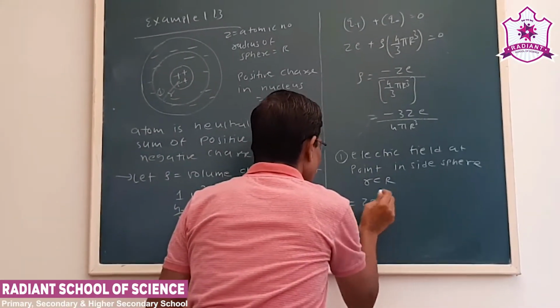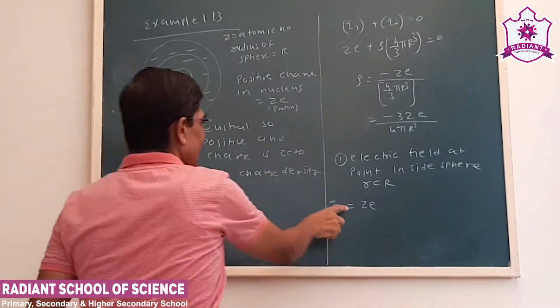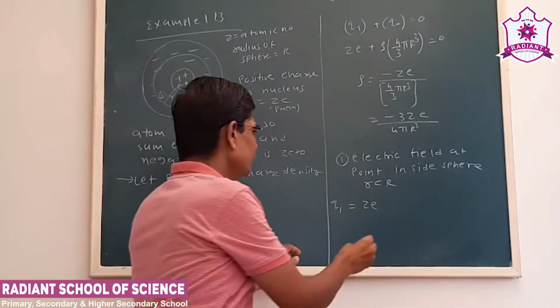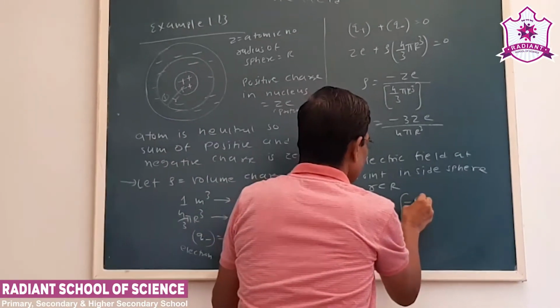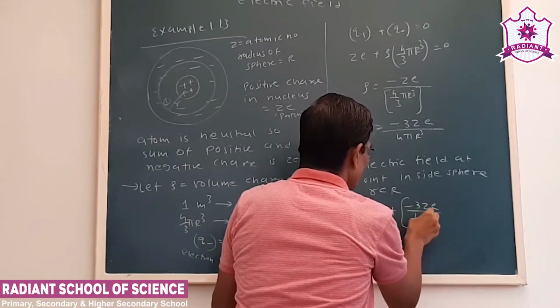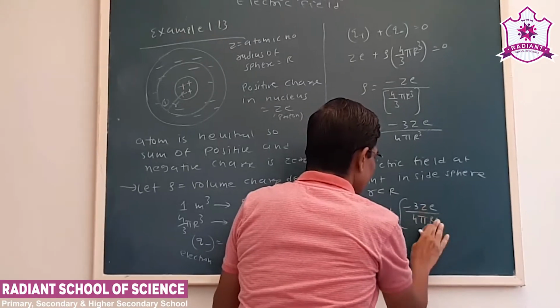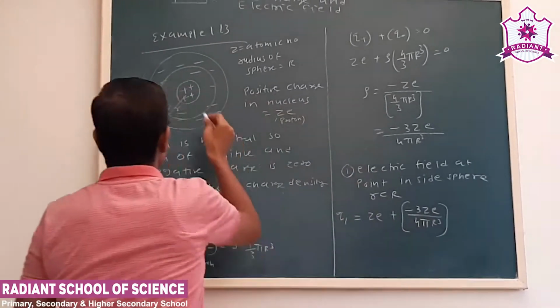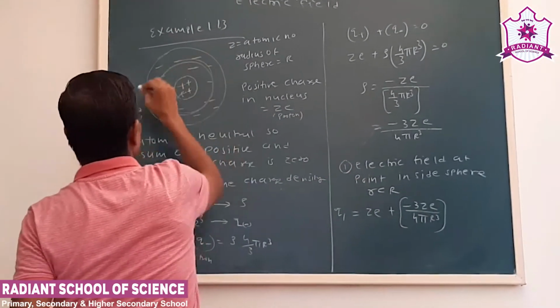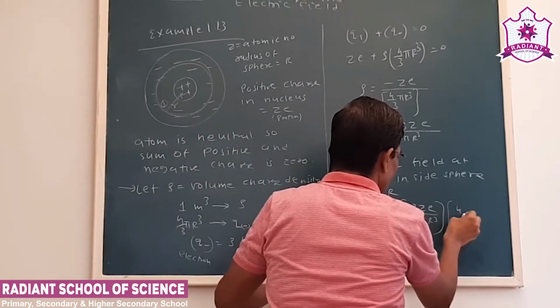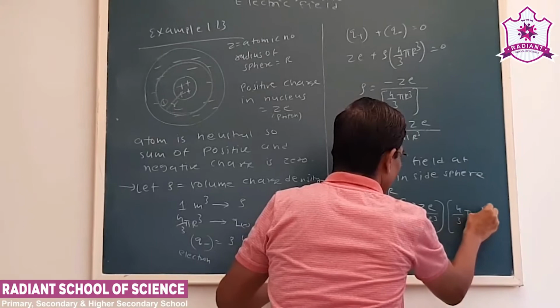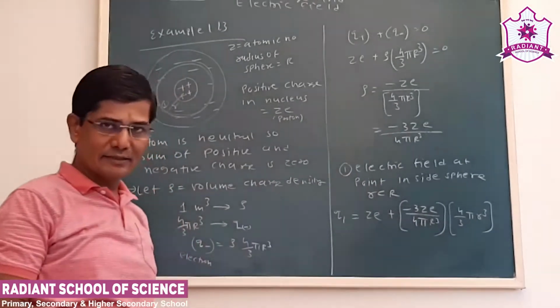That will be made up of the positive charge, Ze, plus, since the volume charge density is minus 3 Ze upon 4 pi R cube, and we consider a sphere of radius small r. So the volume of the sphere will be 4 upon 3 pi r cube. Here r is less than R.